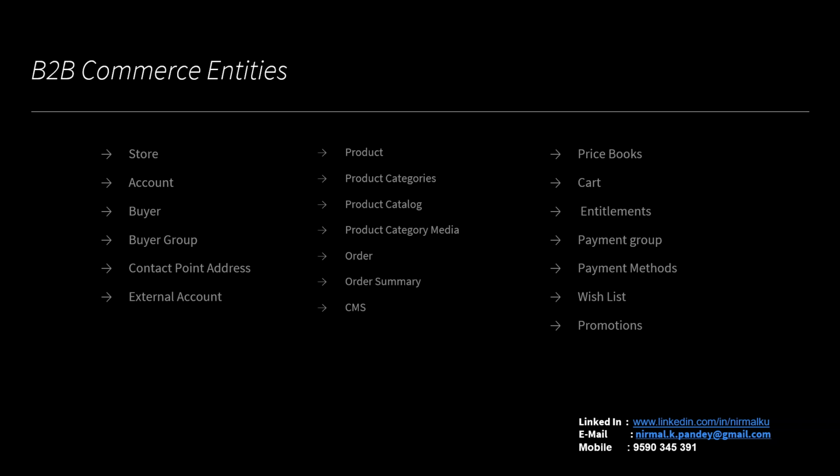Now that regular buyer group will have a list of accounts and premium will have a different list of accounts. So now you can understand how we are doing the segregation. Based on buyer group, we can have different lists of accounts under each buyer group, and based on that you can associate particular products or price books and so on. So that's what you can do.